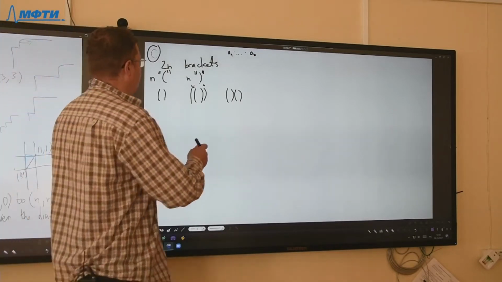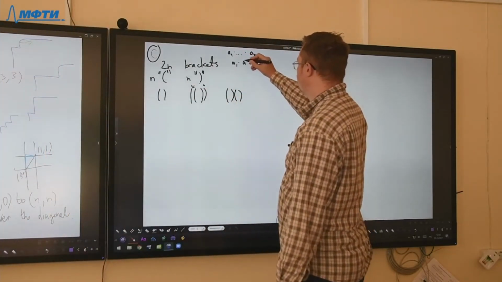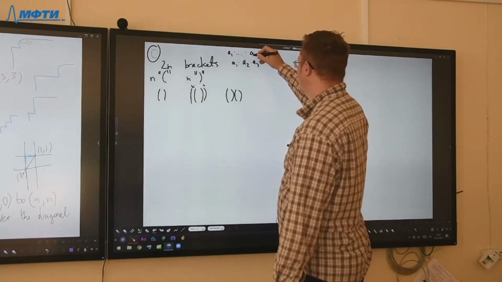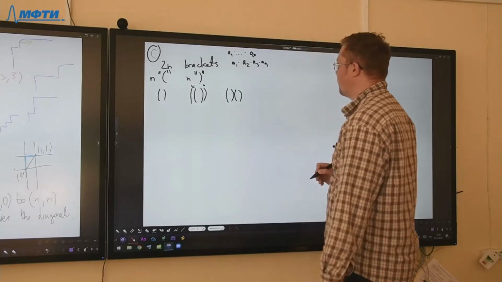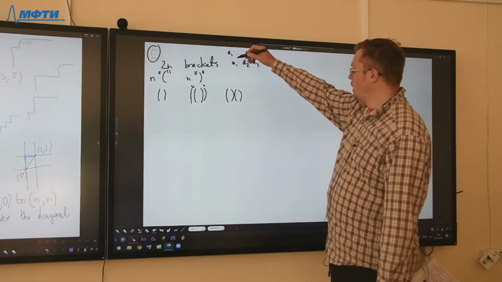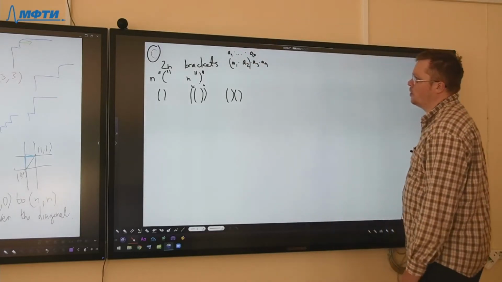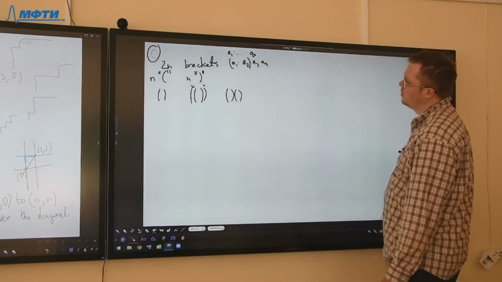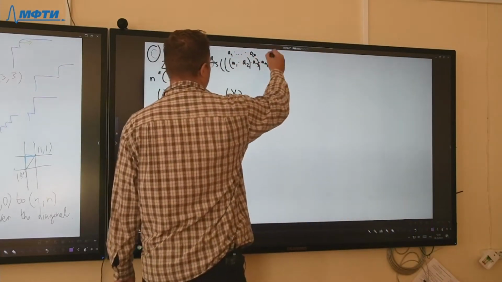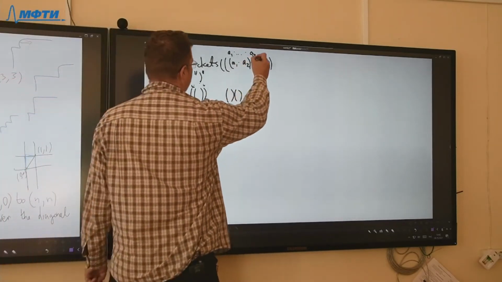So for example, if I want to compute the product of this expression, I can first compute the product of these two, then these two, then these two. So exactly n plus 1, yes?